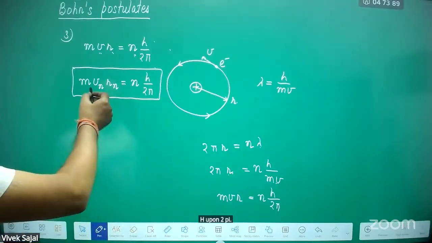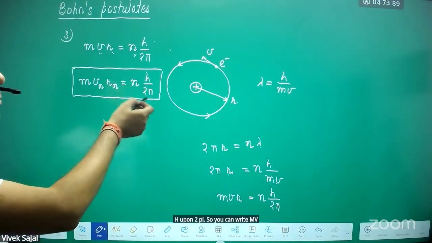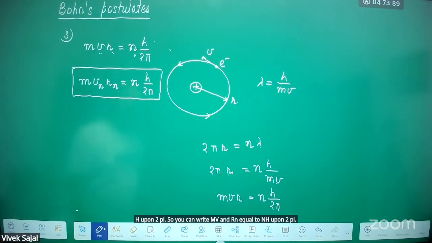So you can write m vn rn equal to nh upon 2 pi.